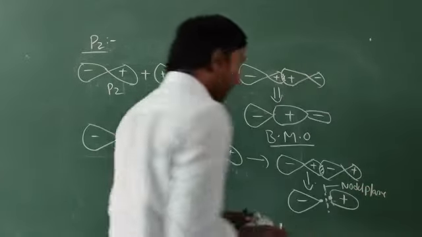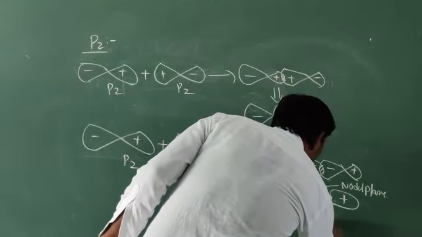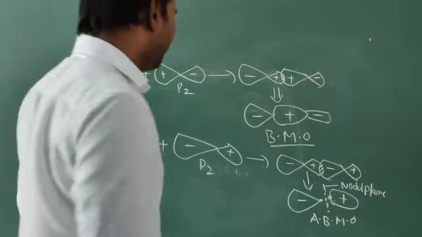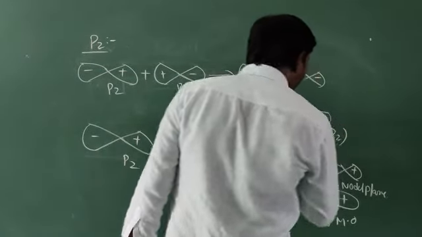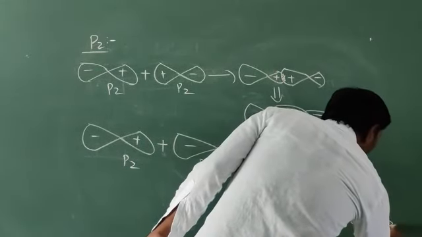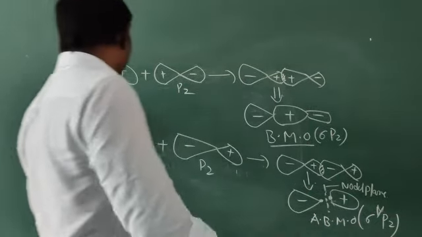This is the anti-bonding molecular orbital. This is sigma Pz, and this is sigma star Pz.